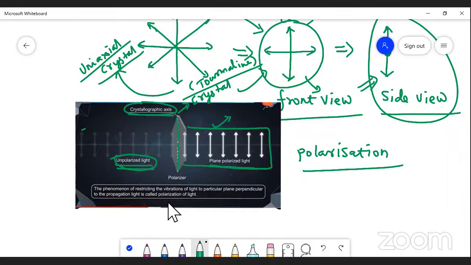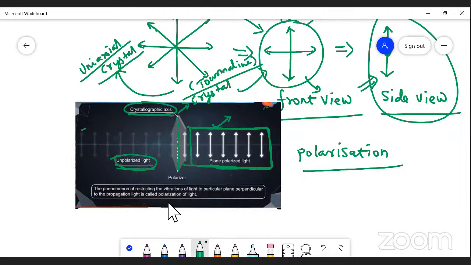Here the vibrations occur in only one plane and in only one direction, so the remaining vibrations are restricted. This type of phenomenon is known as polarization. Do you understand? So polarization is the phenomenon of restricting vibrations into a particular plane perpendicular to the light propagation.